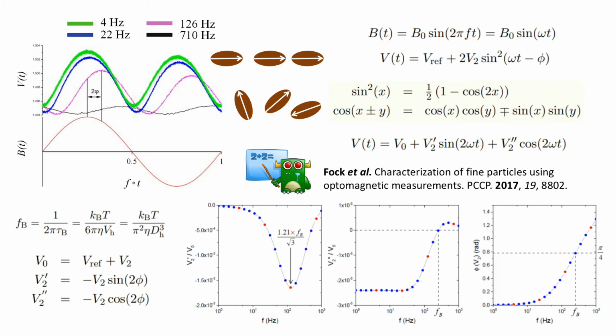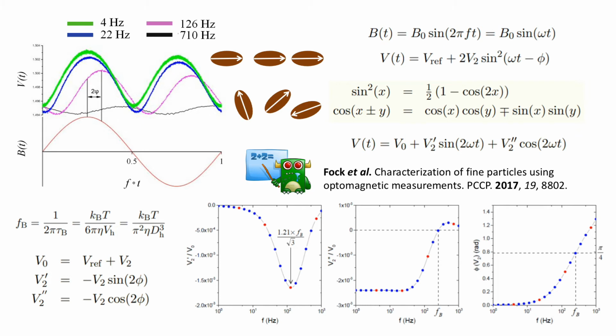The light therefore passes through the suspension and is detected in the photodetector. So this is, in very simple words, the explanation of the frequency dependence of the optomagnetic phenomenon.